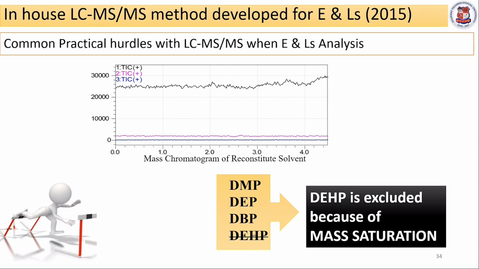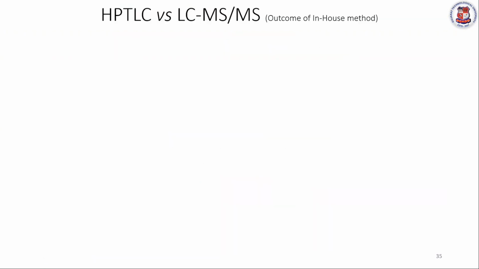Due to baseline saturations, we excluded DEHP because of the mass saturations, and it is more prominently present in the product. But we still had to exclude it, because if we include that then we lose the sensitivity.